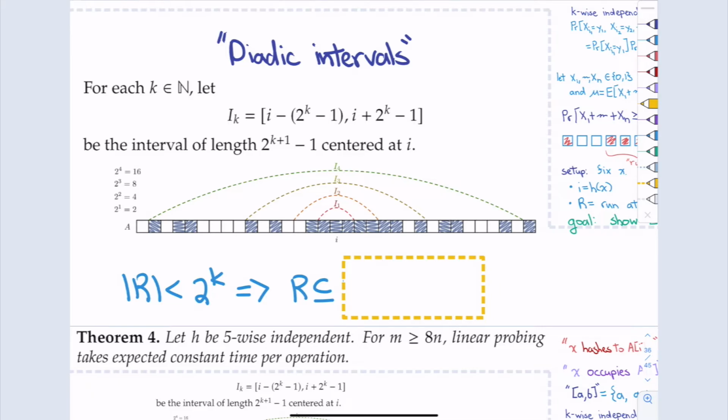One thing nice is that if my run has length at most 2 to the k, then which interval will it always be contained in, or what's the smallest interval in which R is guaranteed to fit? Just to practice and get used to the notation. K plus 1. You can actually do a little bit better.